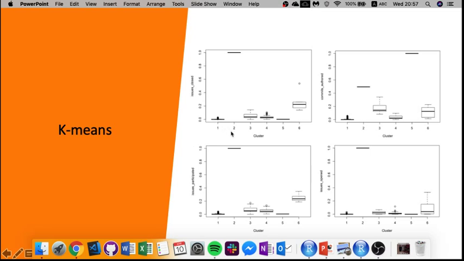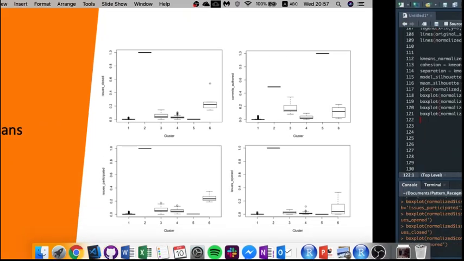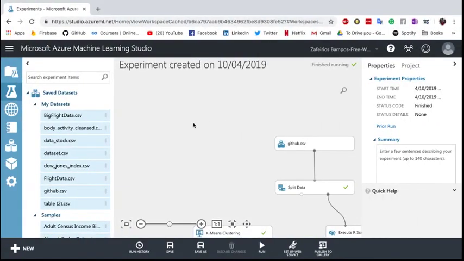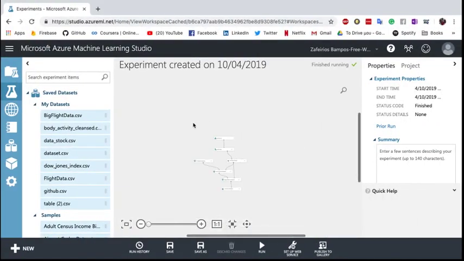That's why we said we are going to implement hierarchical clustering as well to get results from there too. But before we do the hierarchical clustering with you, I want to show you how easy it is to build a k-means algorithm.